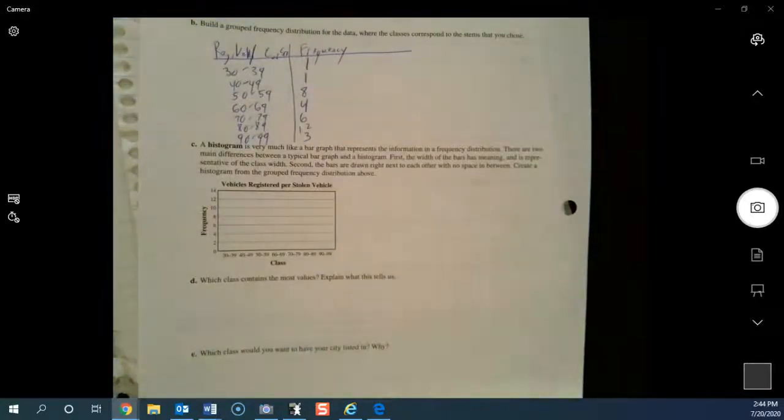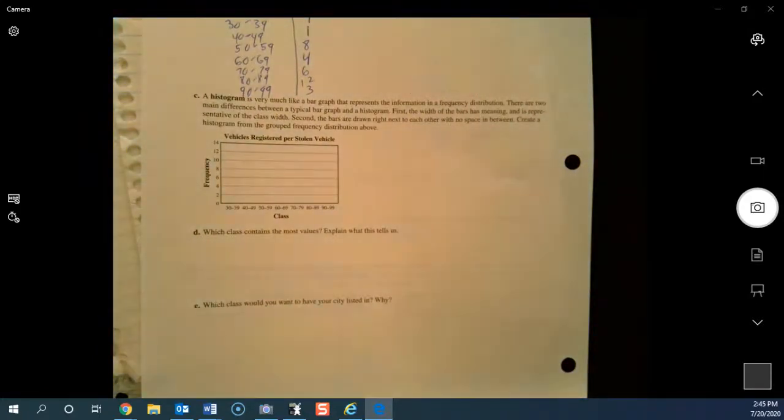All right, now we want to move on to the histogram. And this was the main reason why we were doing this page. So we're actually going to stop at C. So now with the histogram, it says a histogram is very much like a bar graph that represents the information in the frequency distribution. There are two main differences between the typical bar graph and a histogram. First, the width of the bars has meaning and is representative of the class width.